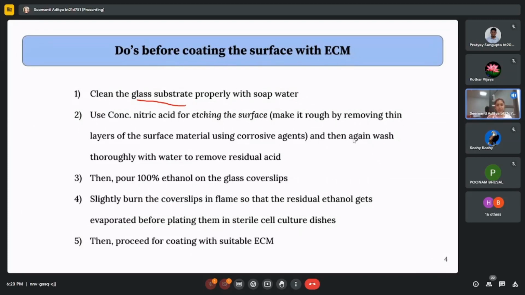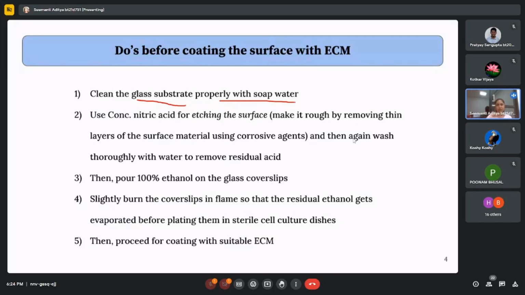So we have to be very careful in removing that. First and foremost, we have to clean it with soap water. Soap water is just normal soap water. You can use Vim bar, or also normal Dettol, but do not keep it overnight, because soap has a lot of salts, and we don't want salts to interfere with the ECM.